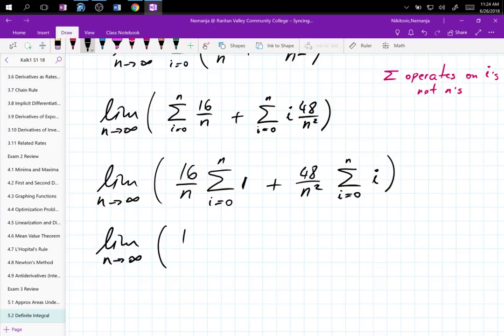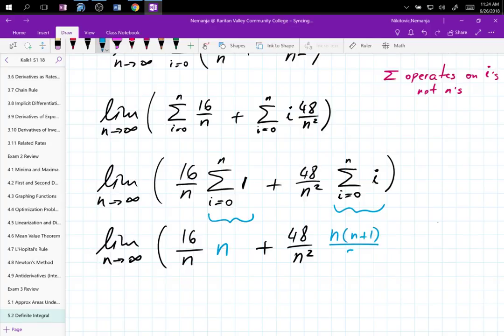So now to compute this, on the first one we have 16 over n, and then this entire sum over here is just n. There are formulas for this that I'm going to show you shortly. Divided by n squared, and then this part over here, maybe we do this one in blue as well, is going to be n times n plus 1 divided by 2.